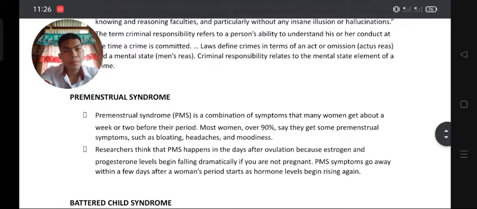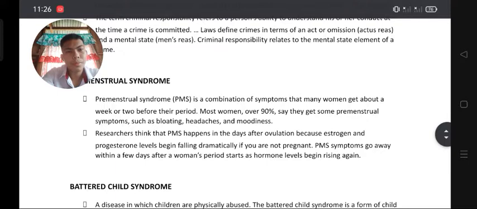The next is premenstrual syndrome. Premenstrual syndrome, PMS, is a combination of symptoms that many women get about a week or two before their period. Over 90% of women say they get some premenstrual symptoms such as bloating, headaches, and moodiness.